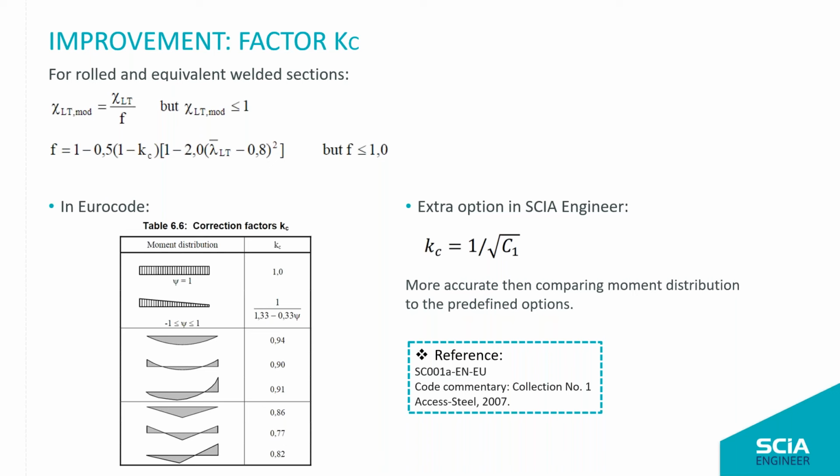So in SCIA, you actually have an additional option coming from Access Steel, where, since C1 is the factor that takes into account moment distribution, from this C1 we can actually calculate a Kc. And if we are using more accurate methods to obtain C1, then of course our Kc will also be more accurate this way.